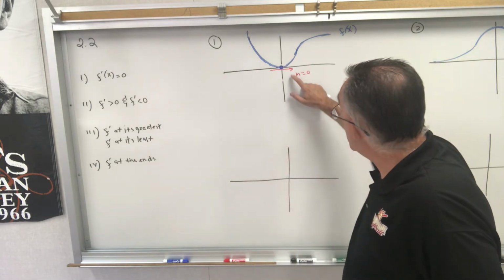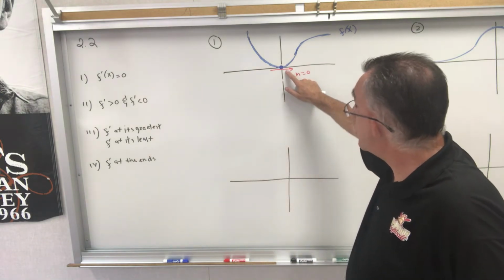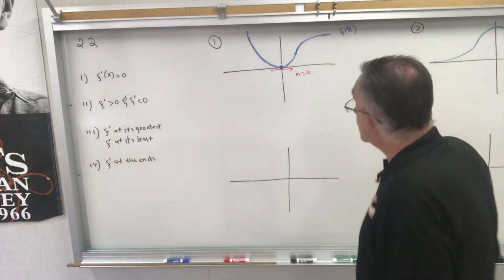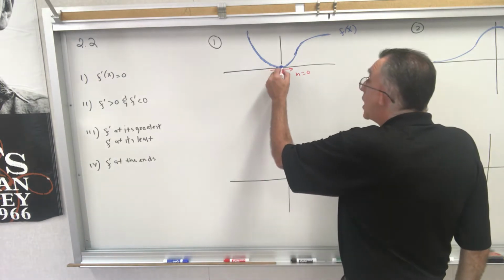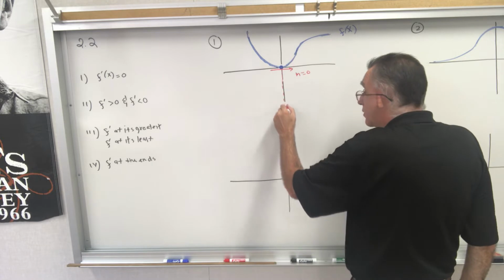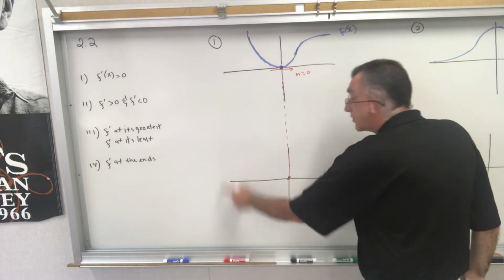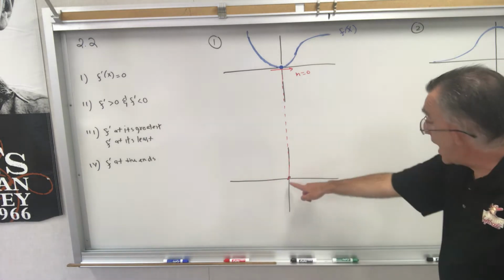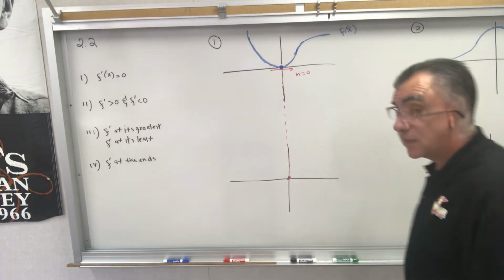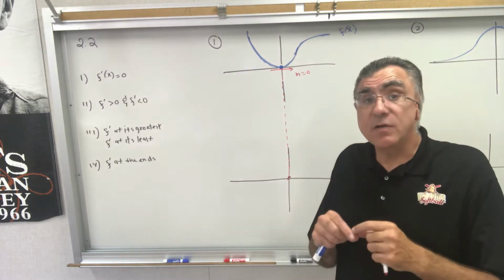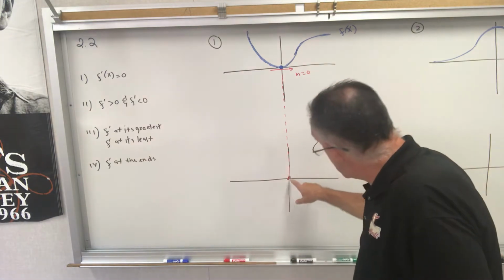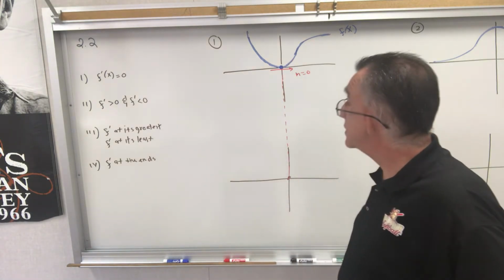So at that one point, the slope is 0. I don't know a whole lot about this graph, but what I do know is the derivative. Now when I graph the derivative here, the derivative has to be 0 there, right? Remember, the numerical value of 0 means at that point it's got to be 0.